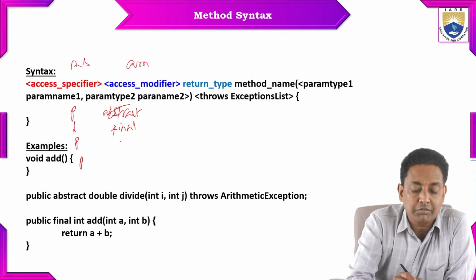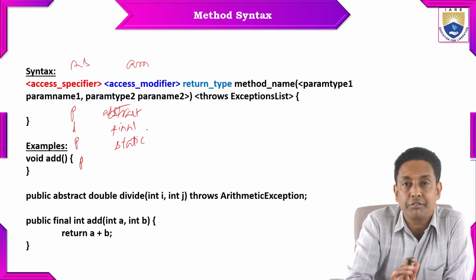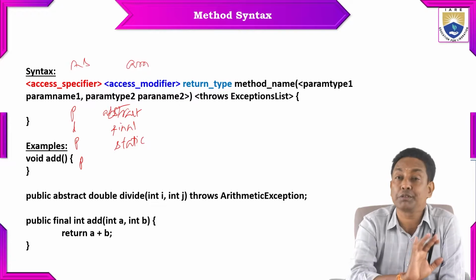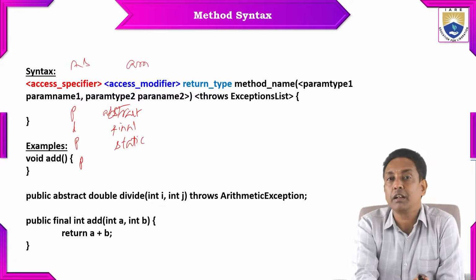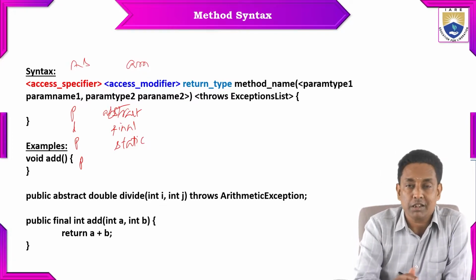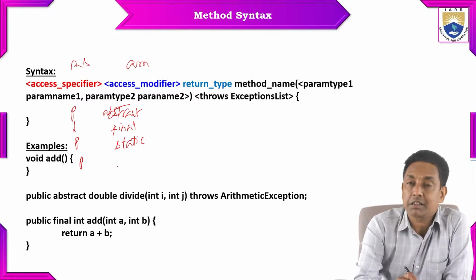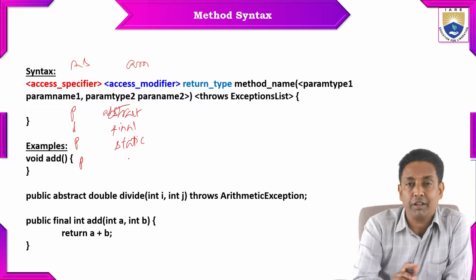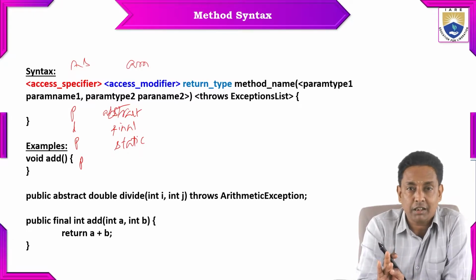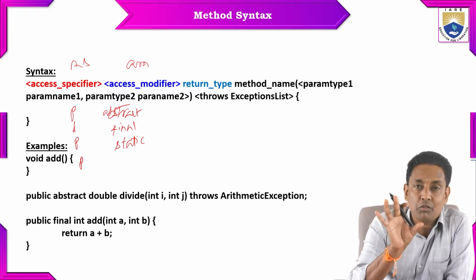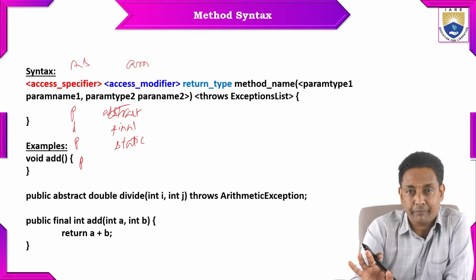The next is static. Most of the class constructs are prefixed with static for better memory utilization. And the next, what are the modifiers? Abstract, final, static. Transient and volatile are specific only to variables.